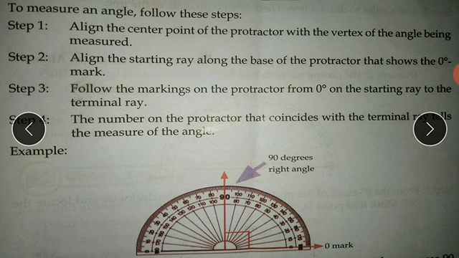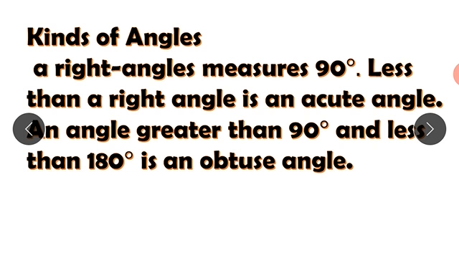The number on the protractor that contains the terminal ray tells the measure of the angle. So that's how we measure an angle using a protractor.